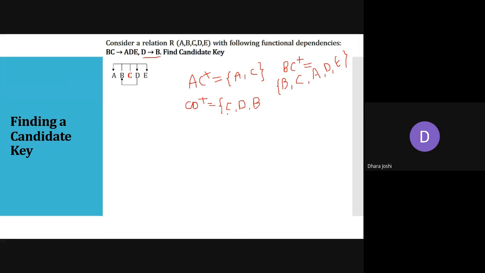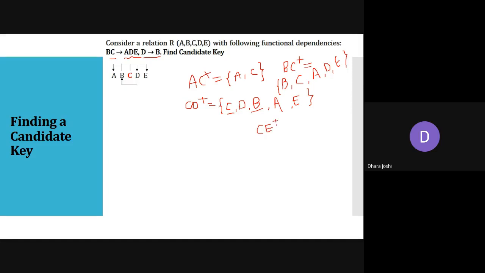If I have values B and C together, I can get the value of A, D and E too. D is already there, so I'm not repeating it; I'm just writing A, comma E. So with the help of these two attributes C and D, I can get the entire relation's value. Paz replied correctly. Now we are trying for the last one, which is CE plus. Reply here in the chat box.